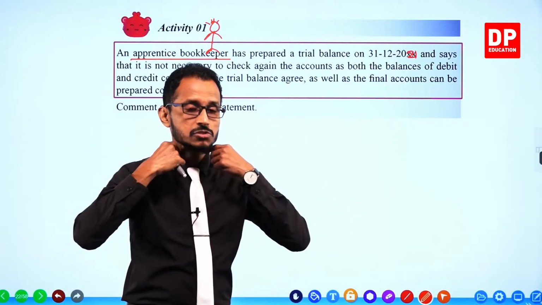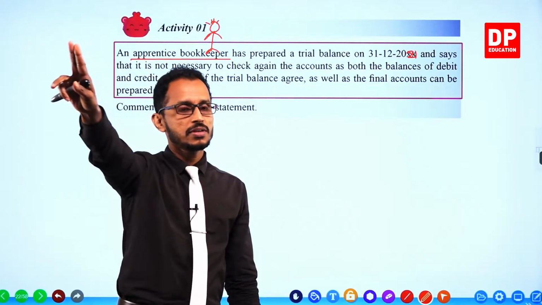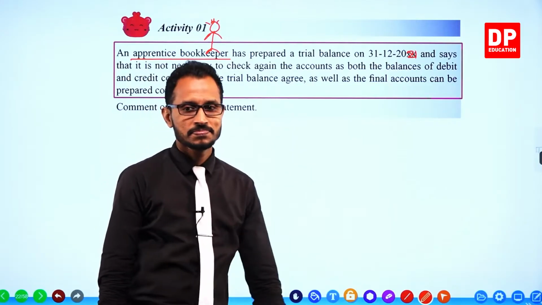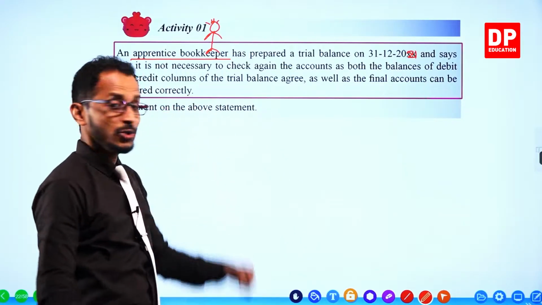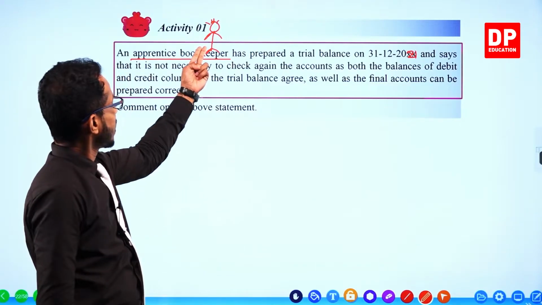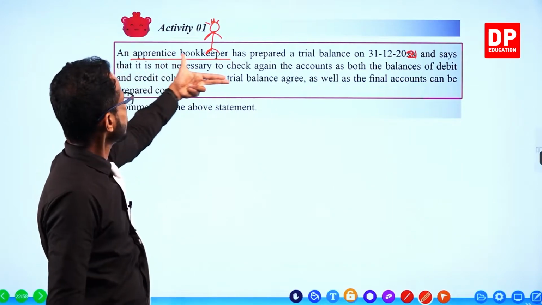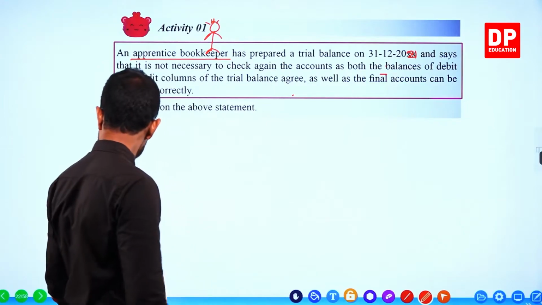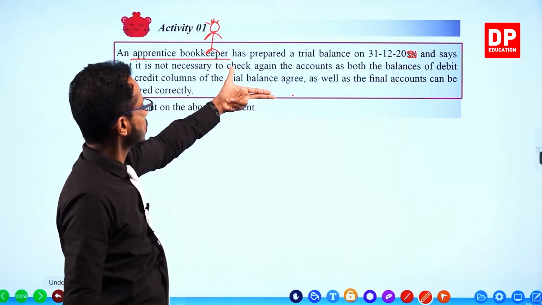My trial balance balanced at once. See, it's all correct, 100%. He's saying, is that correct? Do you agree? This guy is saying, no need to check, that it is not necessary to check again the accounts as both balances of debit and credit columns of the trial balance agree.